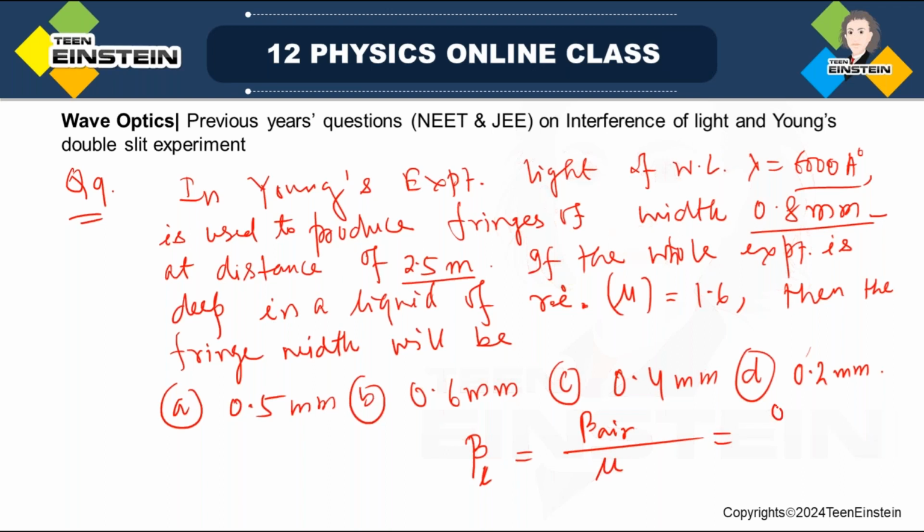So beta is 0.8 millimeter divided by 1.6, which will be 0.5 mm. So this will be the answer. I think the first option is the correct answer here.